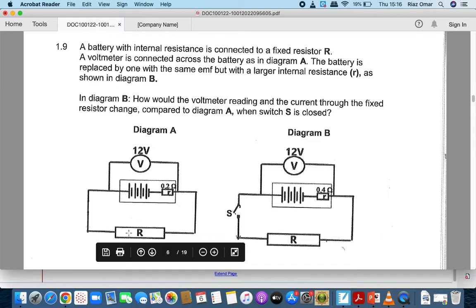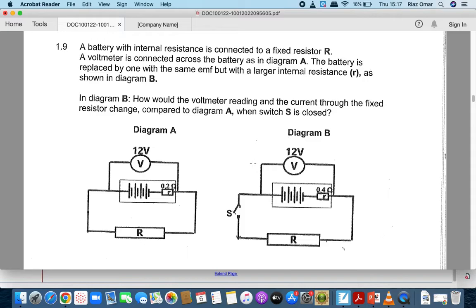The battery is replaced by one with the same EMF but with a larger internal resistance as shown in B. So here we see that the internal resistance is 0,2 ohms and it is being replaced by an internal resistance of 0,4 ohms. In diagram B, how would the voltmeter reading and the current through the fixed resistor change compared to diagram A when the switch is closed?